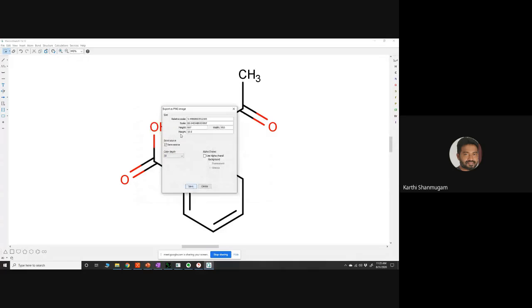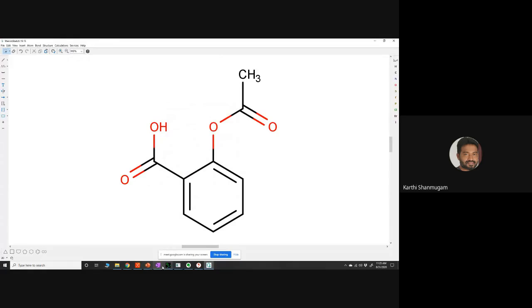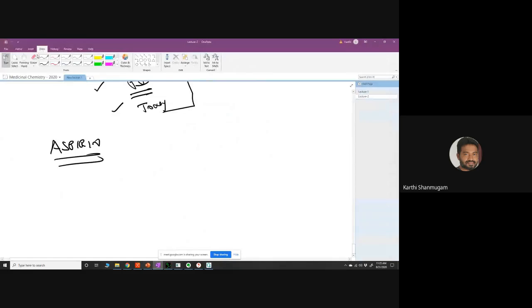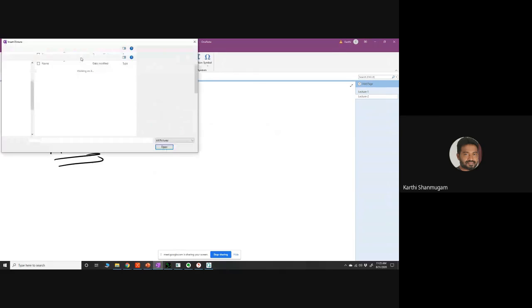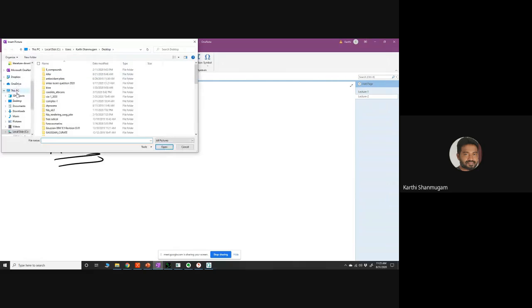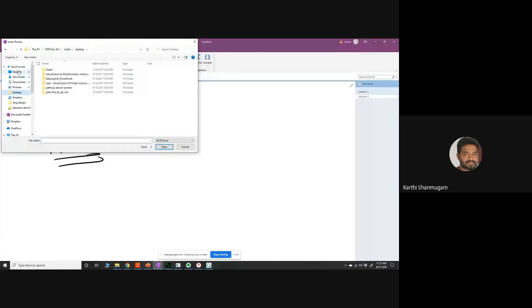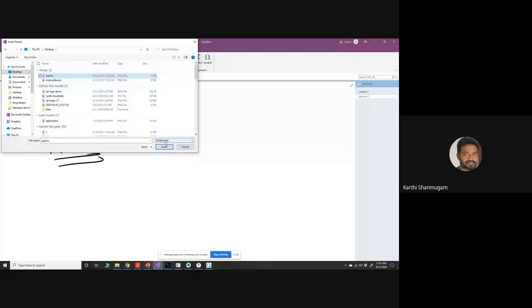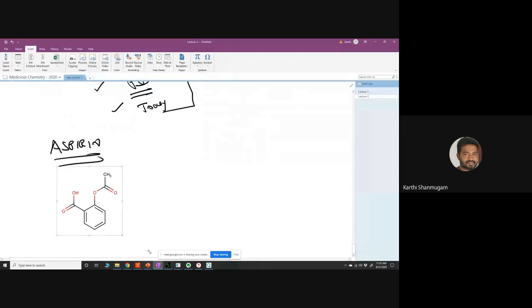Let me import this to the document. Insert, picture, desktop, aspirin. Okay, so quickly, can you tell what are the various functional groups present in aspirin?